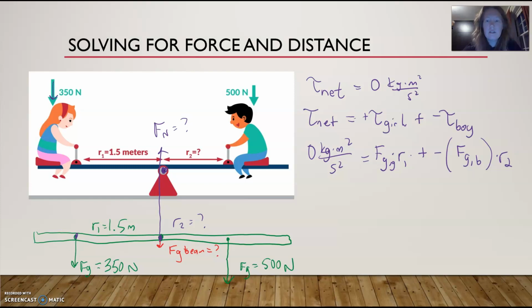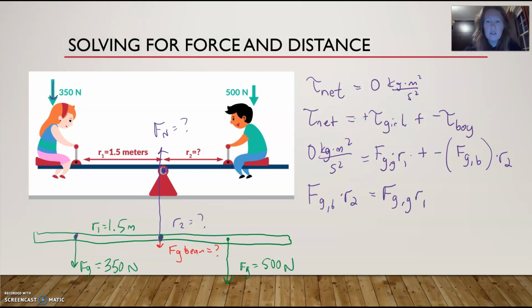Okay, so then maybe I'll just move the boy's information to the right hand side, that way I don't have negatives. So I'm going to do the boy's weight times R2.